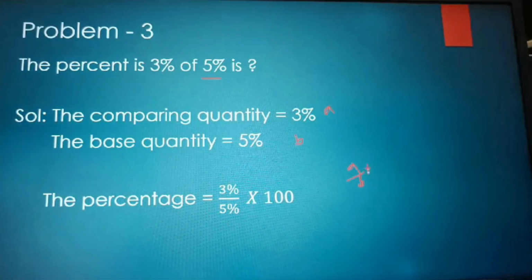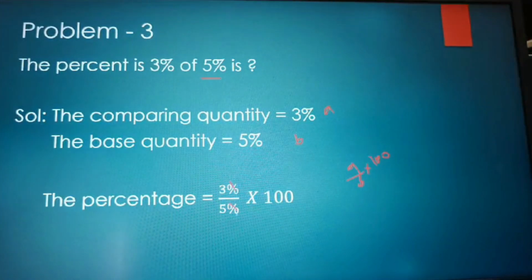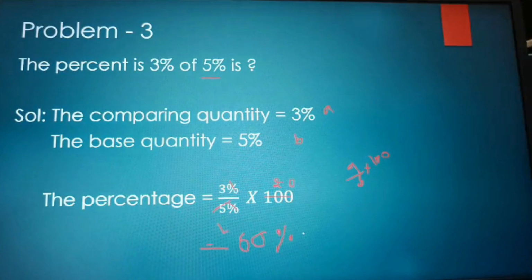So it is 3% by 5% into 100. Percent and percent get cancelled. 5 ones are 5, 5 twos are 10, and 5 zeros are 0. So 3 20s are 60. So the 3% in 5% is 60%, is your answer.